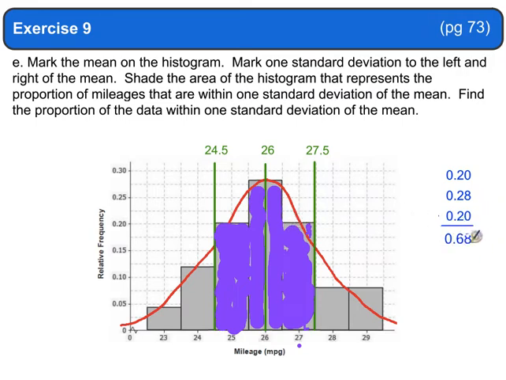If we added them all up, that would be 0.68, or 68% of the data would fall between 24.5 and 27.5 in that particular data. So that pretty much wraps up what we're going to do.